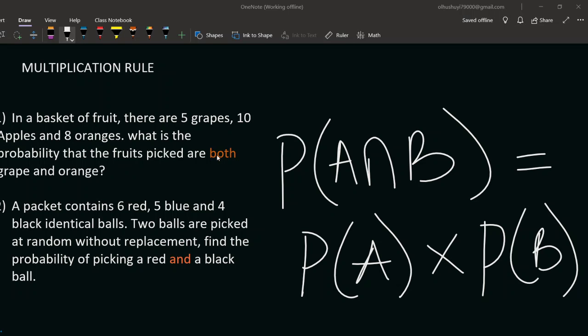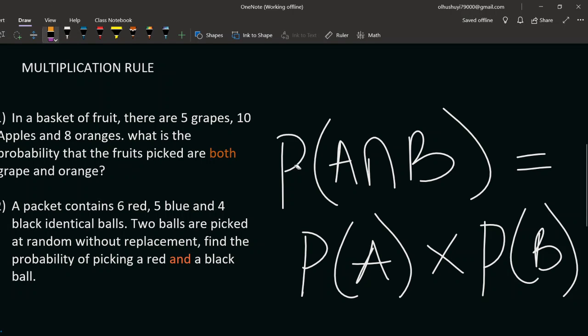Look at this question. I used this same question when I was solving for the addition rule, but it was having or, and you could have either. That is for the addition rule. But here in multiplication, you are dealing with both, or you have and. These are the two things that tell you you are using your multiplication rule.